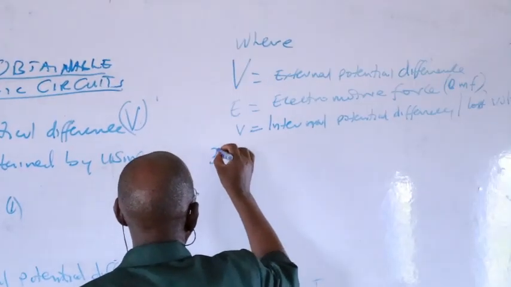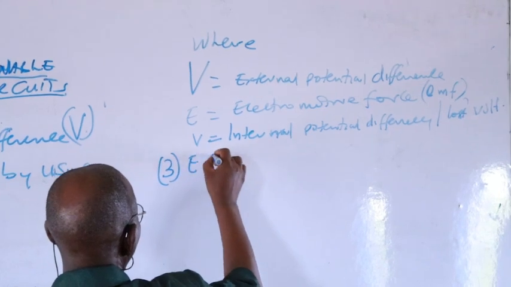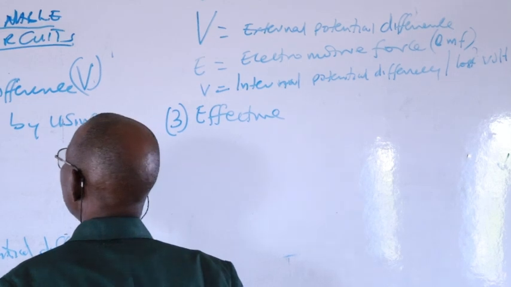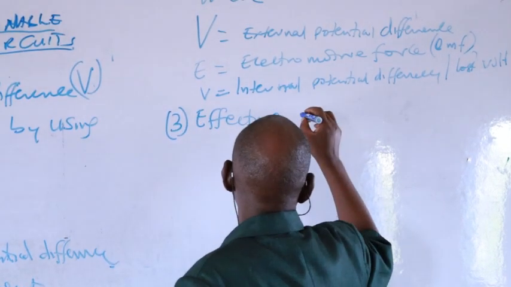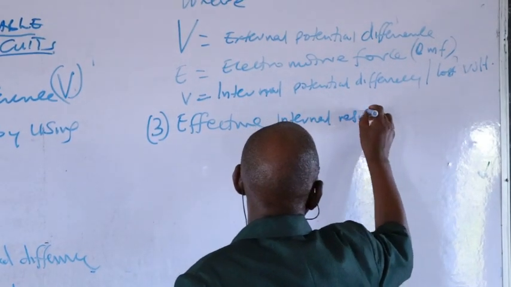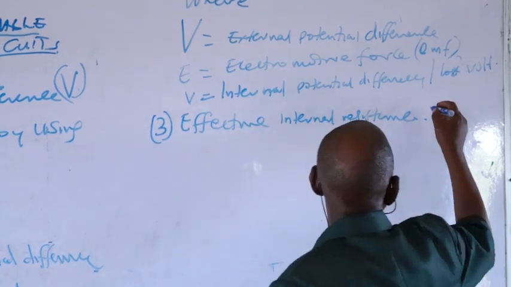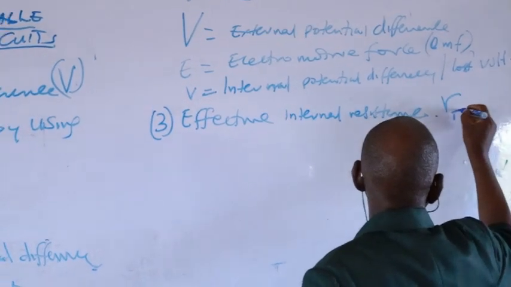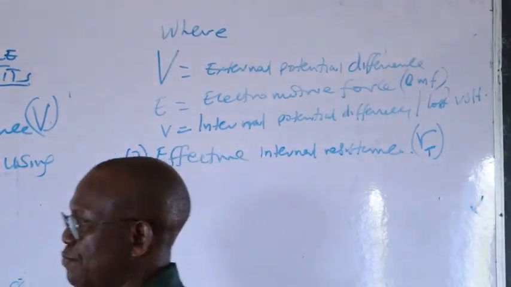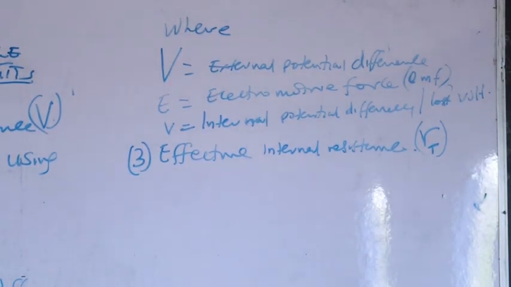Number 3 that we can obtain is the effective internal resistance, small letter R total. Effective internal resistance can be determined.